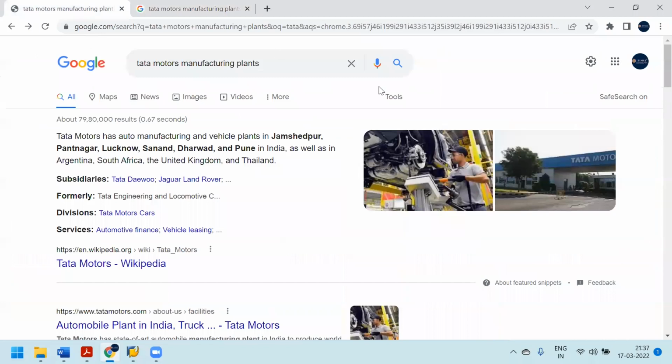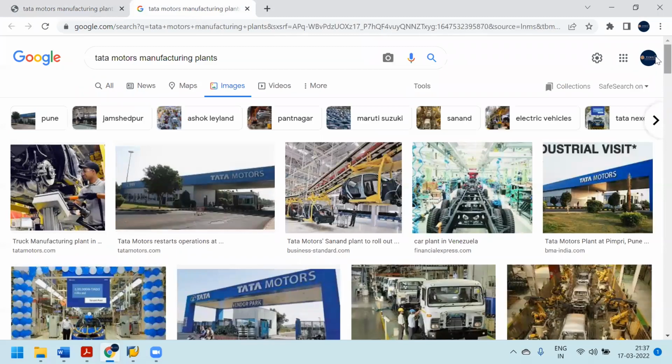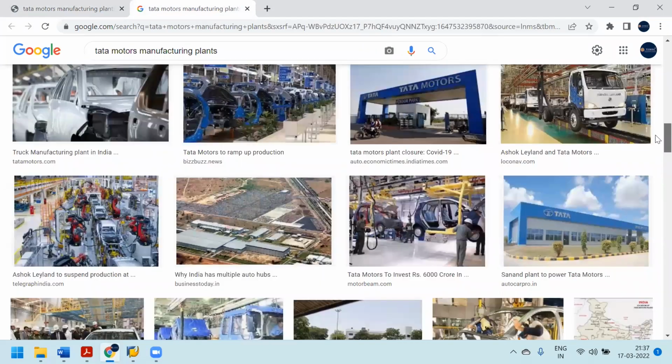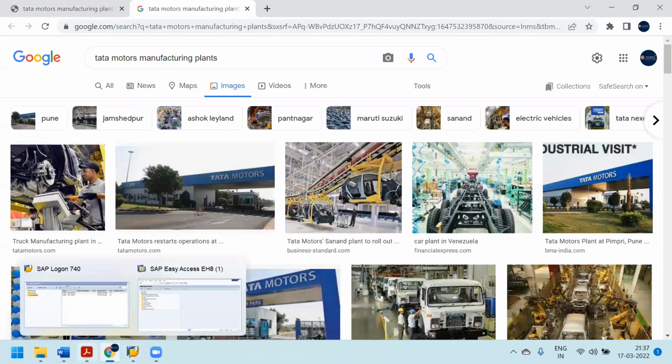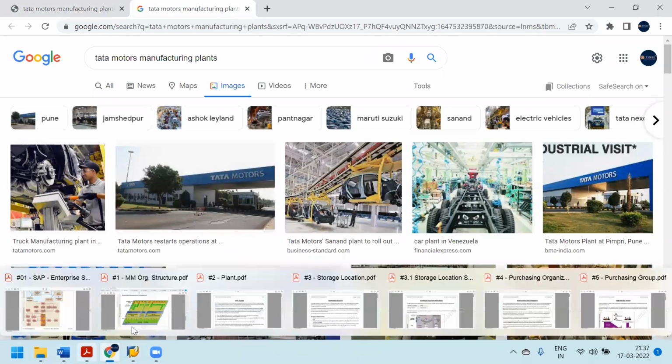If you look at the manufacturing facilities of Tata Motors across India, they have manufacturing facilities in Jamshedpur, Pantnagar, Lucknow, Dharwad, Pune, Sanand, right? In these places they have manufacturing facilities, and these manufacturing facilities are represented as plants in SAP.